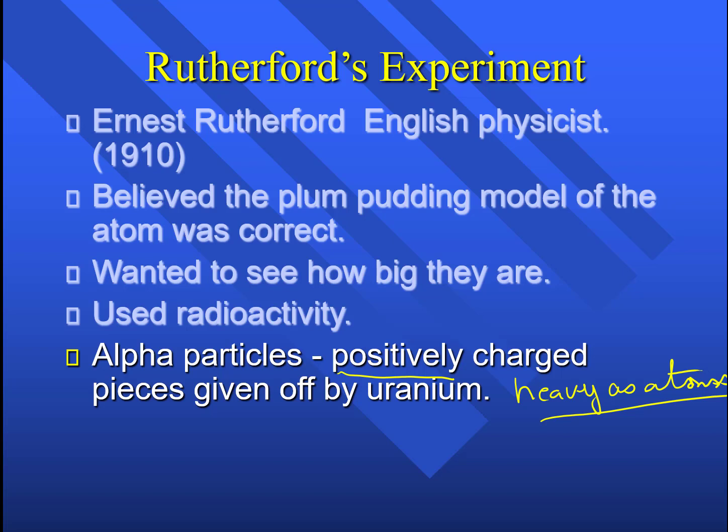Remember when we did the Thomson simulation, if you wanted an atom to turn, you had to turn the charge up 1,000 times because it was 1,000 times harder to turn an atom than it was to turn an electron. So even though they didn't know what alpha particles were, they could tell they were positive by which way they bent, and they could tell that they were heavy by how much they bent. They bent like atoms bent, not like electrons bent. So they were positive and heavy.